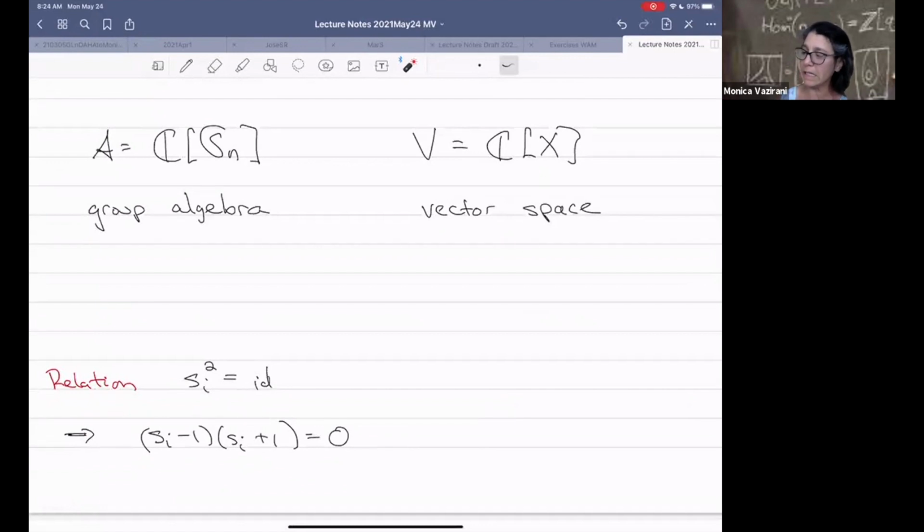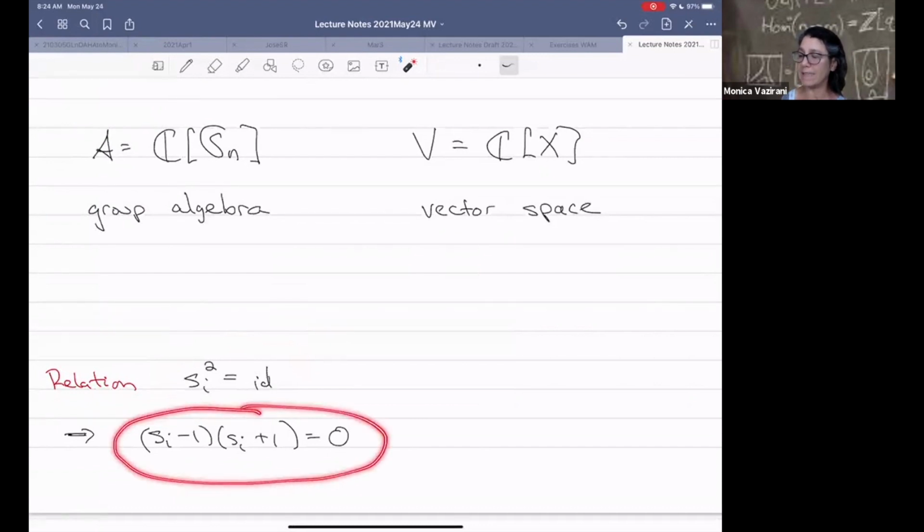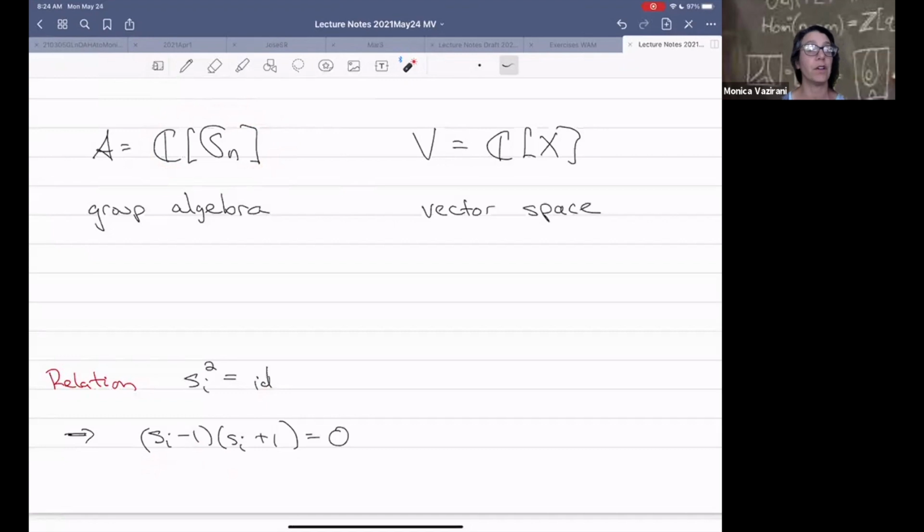But one benefit is we have this relation in the symmetric group that if you do the transposition s_i twice, you get the identity. And we could rewrite that, if you want, as saying s_i squared minus 1, where we identify the identity in the symmetric group with the coefficient 1, and the 1 is the identity of this group algebra. We could factor this relation to (s_i minus identity) times (s_i plus identity) equals 0.